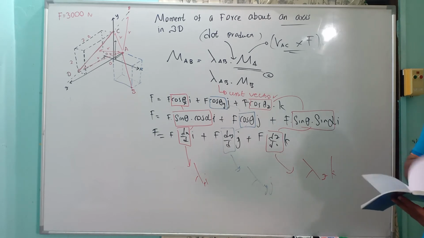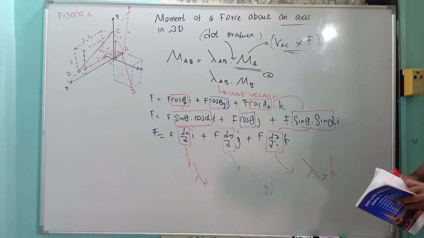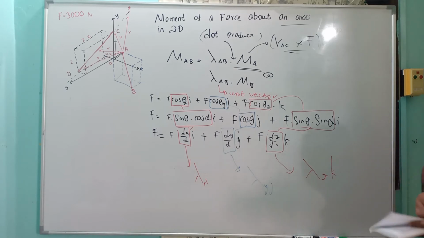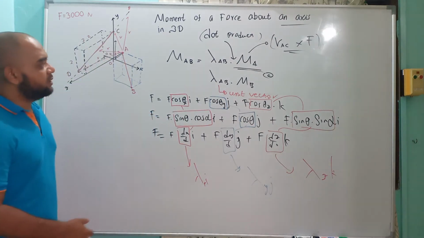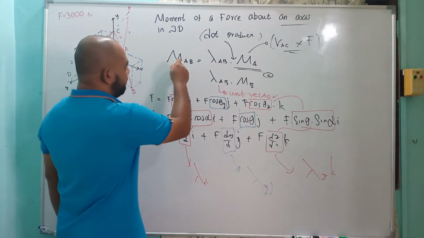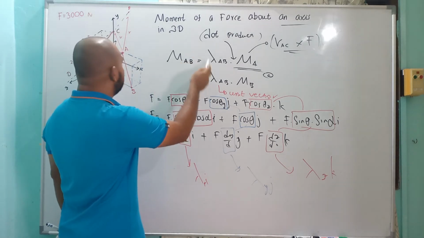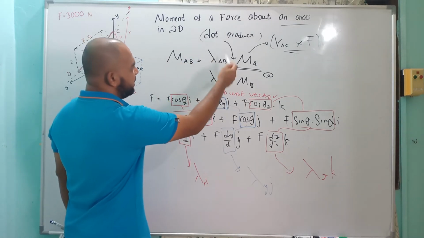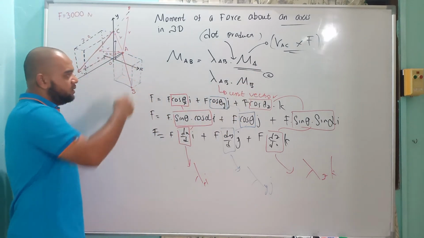Previously we had the position vector. Now we have the lambda. So we have the equation, and we know what each of its parts is. The moment about the n axis AB from the force is lambda AB dot moment A or moment B, depending.